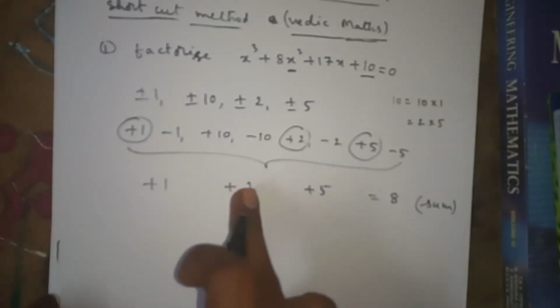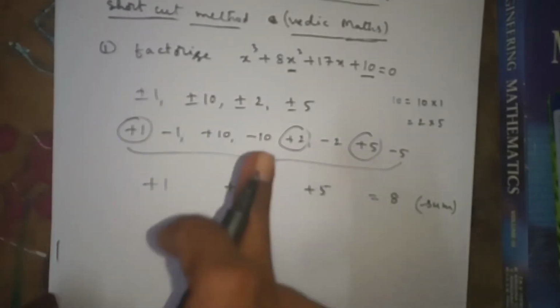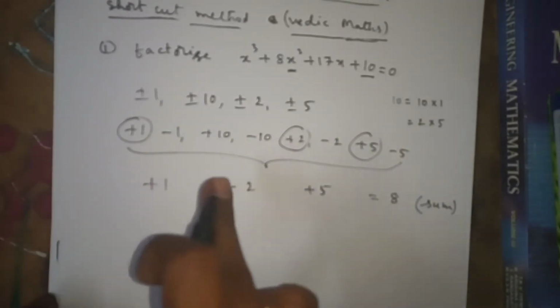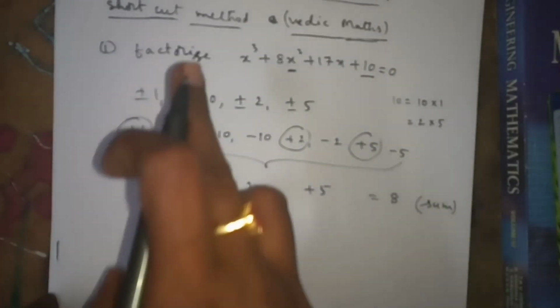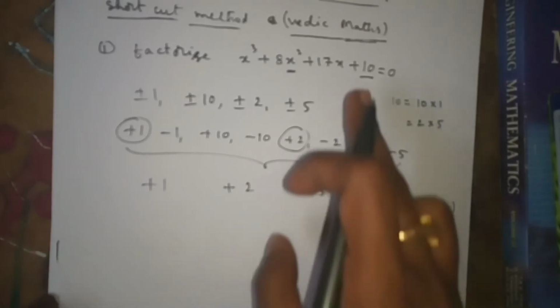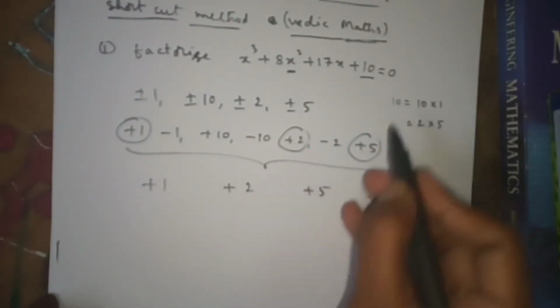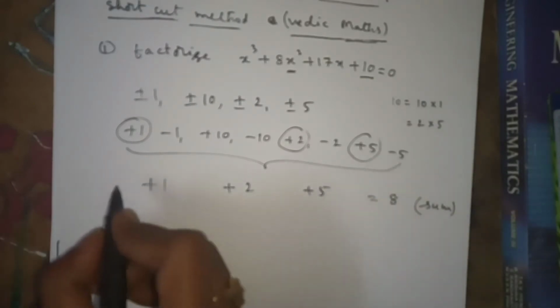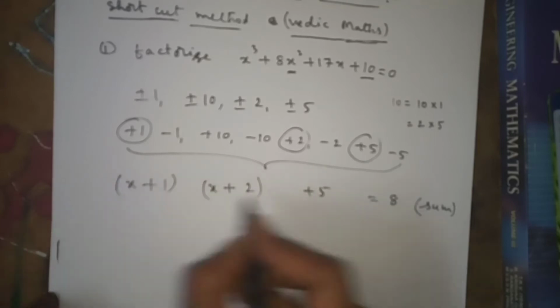Plus 1 into plus 2 is 2, 2 into 5 is 10. In such a way only we have to identify: the sum of any three numbers is equal to the coefficient of x square, and the product of any three numbers is equal to the constant term. Now the factors are x plus 1, x plus 2, x plus 5.